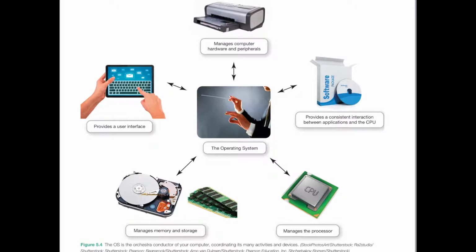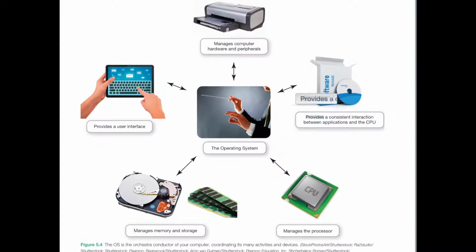At the very top, it manages hardware, peripherals, or non-peripheral hardware, like the fan that's baked into the computer. If you have any one of a number of interfaces, like voice input, that's something the operating system has to manage.